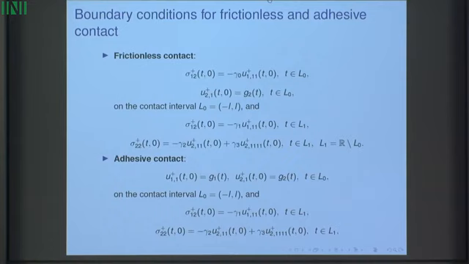Similarly for adhesive contact, the only thing that changes is that now we know the derivative of horizontal displacement instead of the tangential component of stress. The plus here means that I'm taking limits on the boundary from the side of the upper half plane. I assume my material is in the upper semi-plane, so I'm taking limits from the upper side.